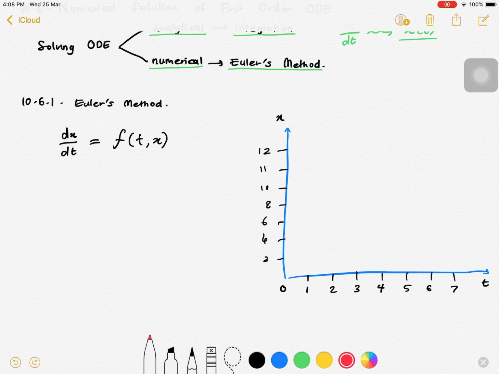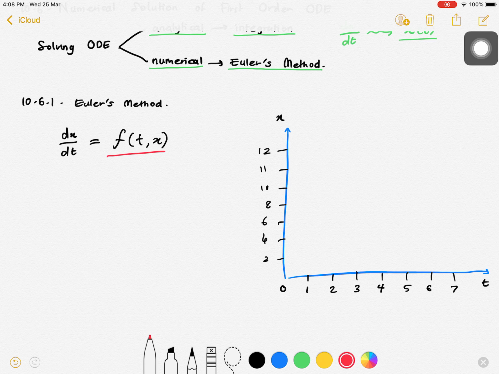Maybe we want to make 100 steps in order to produce the curve that we want. So in this case, we want to create the x curve based on this function, the gradient of the x curve. We don't know the x curve, but we know the gradient. So let's just start with the example.